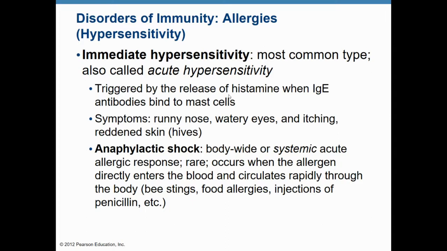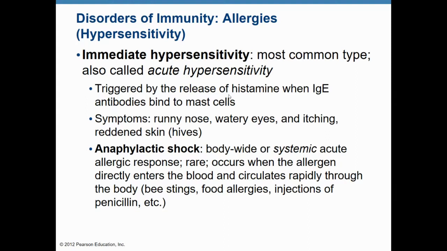Now, there are severe cases of immediate hypersensitivities, and one of those is called anaphylactic shock. This is going to be a body-wide, or what we call systemic, acute allergic response. It is relatively rare, but it can occur whenever an allergen directly enters the blood and circulates through the body.